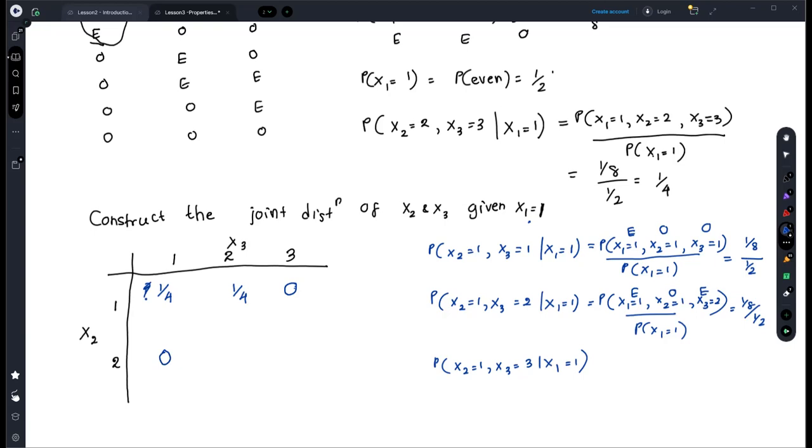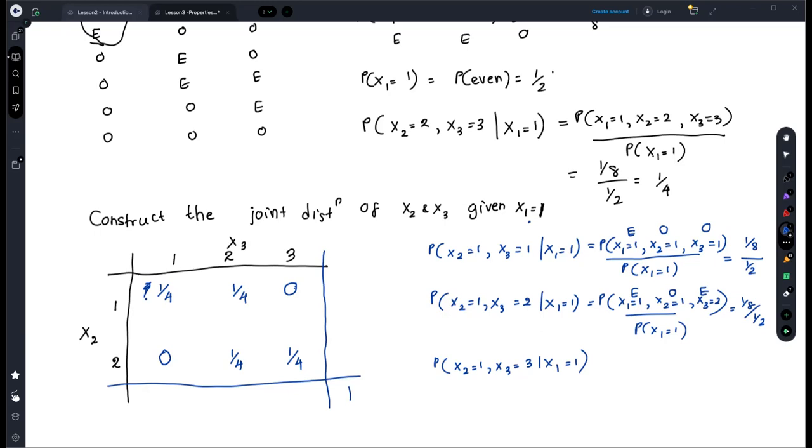First one even, second one x2 equals 2 means even, and x3 remains 2 means the third one was an odd. So that will happen 1 over 8 divided by 1 over 4, 1/4. So this is where you get first even, second even, third even. So this will be the joint density. Now you can double check whether the total probability adds to 1: 1/4, 4 times, total probability 1.